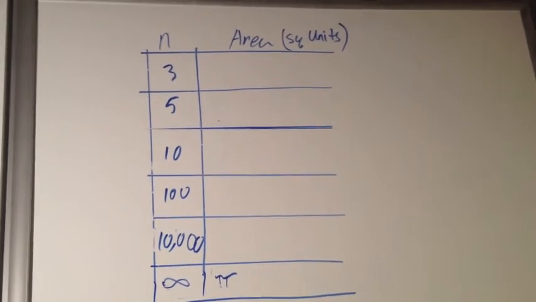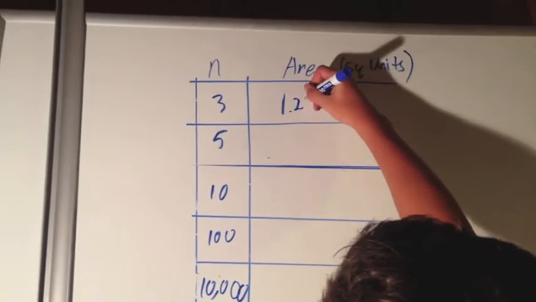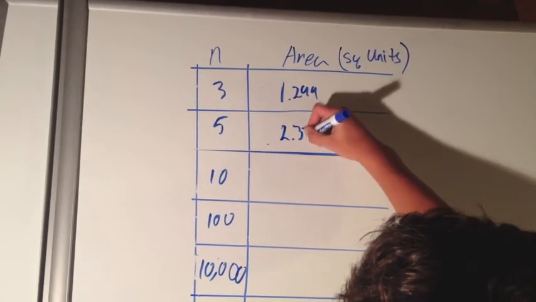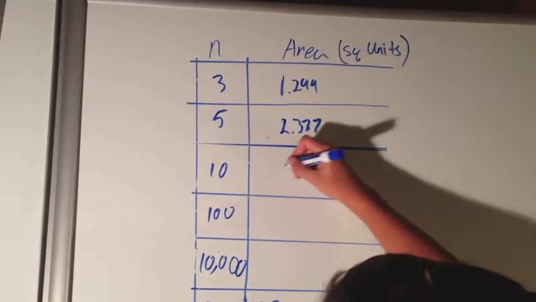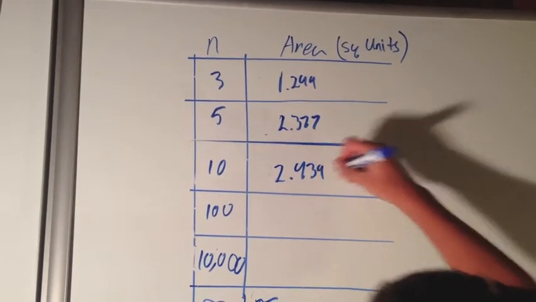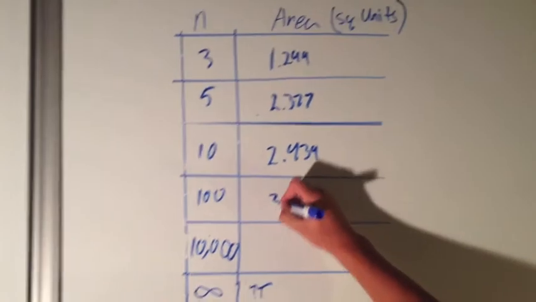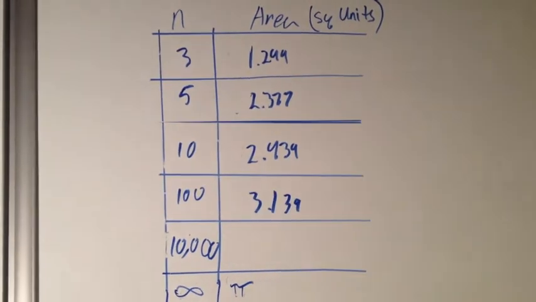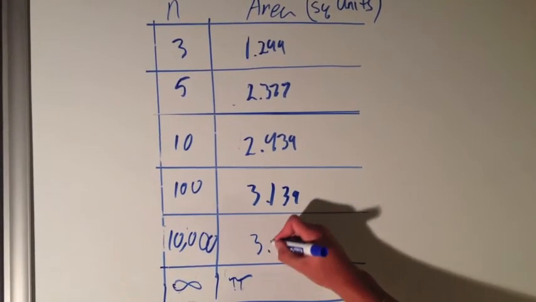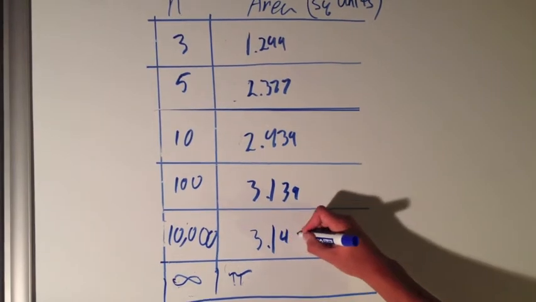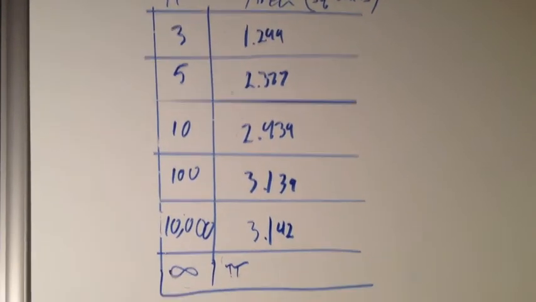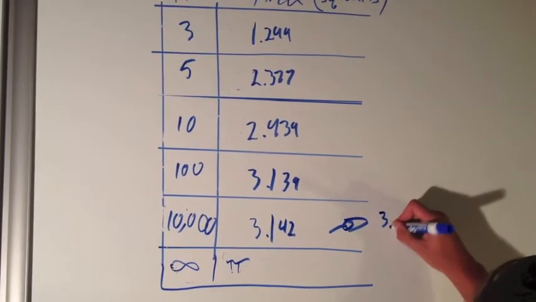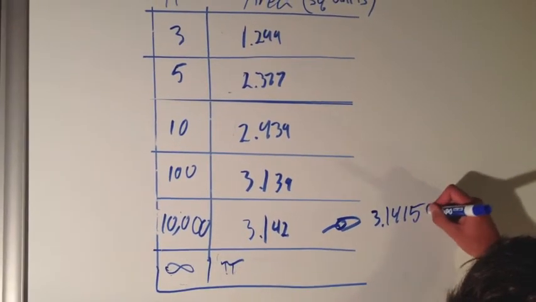So when we plug in 3, we get 1.299, and we plug in 5, we get 2.377, 10 we get 2.939, 100 we get 3.139, and at 10,000 we get 3.142, which is very close to pi because pi is 3.14159.